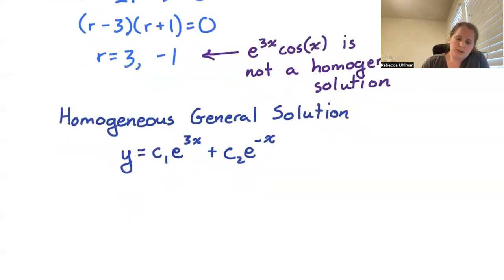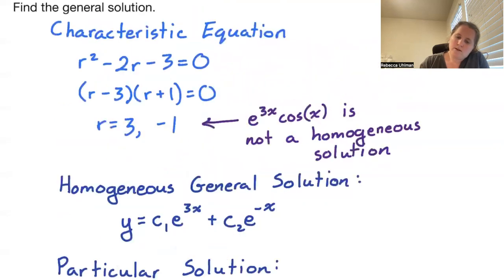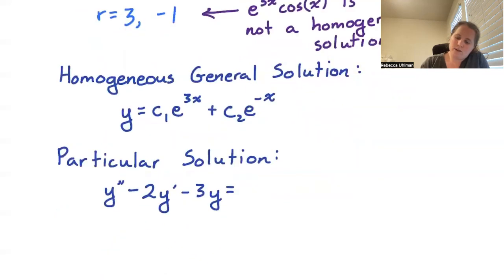We can do our particular solution. Our f of x, our right-hand side, we had y double prime minus 2y prime minus 3y equals e to the 3x cosine of x.